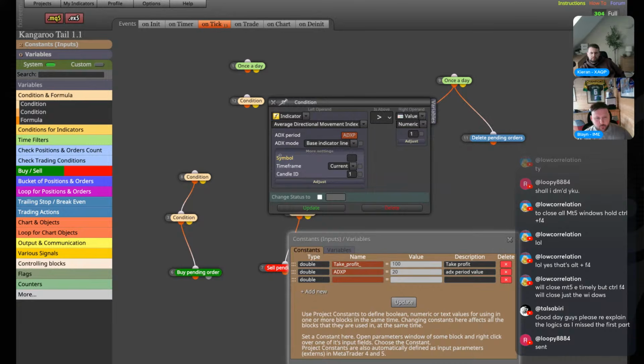We want to use, what time frame do we want to take the ADX from? Again, we'll probably just take the daily to begin with, but this can be changed to different time frames. You can learn about constants and variables through the instructions, the forum on FXStreamer, or the MQL5 learning section.